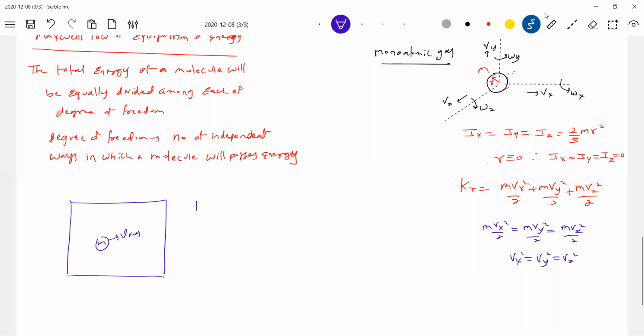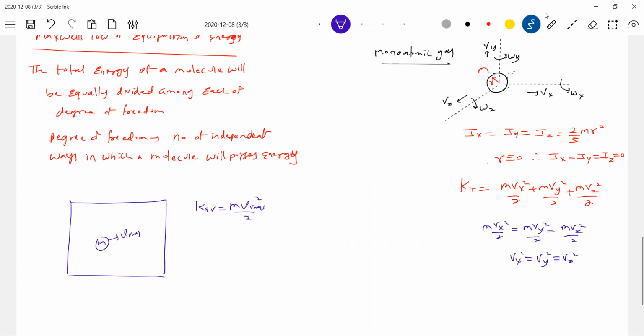Then what is its kinetic energy? We'll write it as half m Vrms square. What we are trying to do is relate temperature with RMS speed.